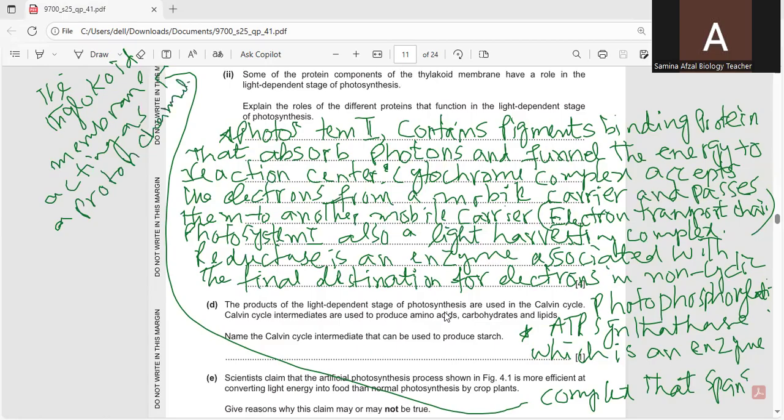So it allows the ions to flow down their concentration gradient.